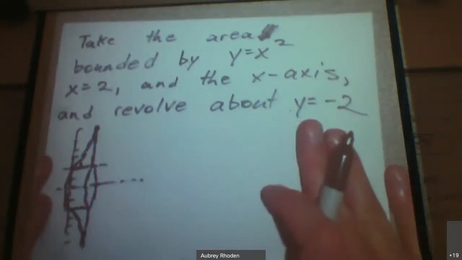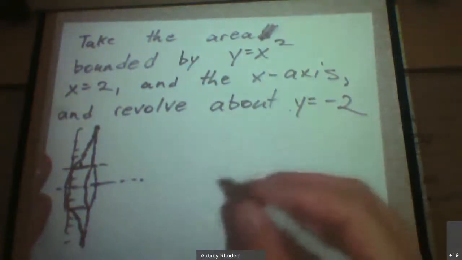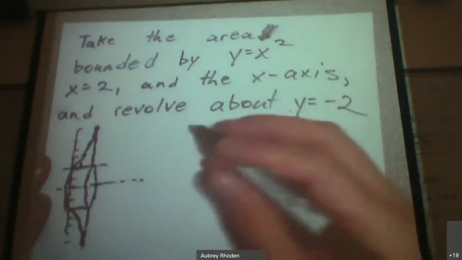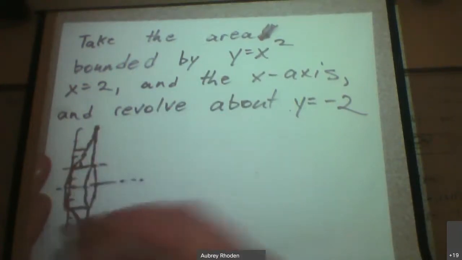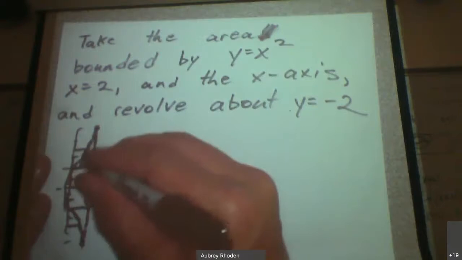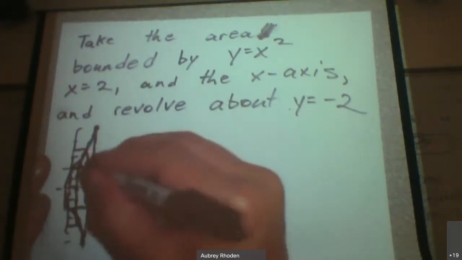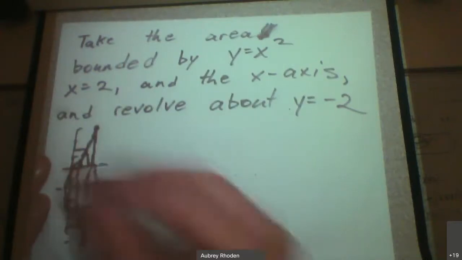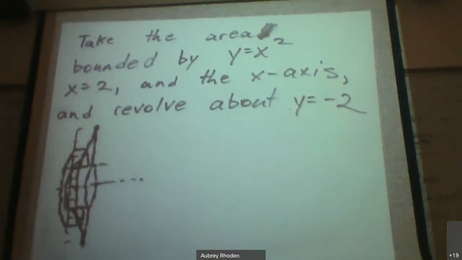So if I start drawing shells on this thing, shell out to here, let me just go backwards. We're going to have our shells expand in the y direction. But what is that going to give me?